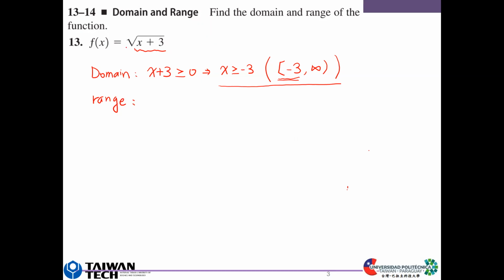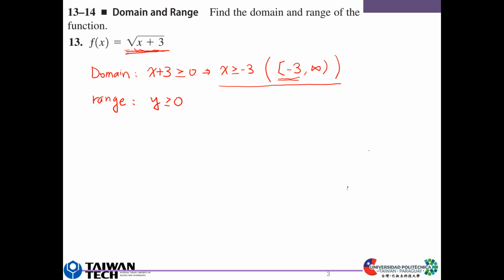Because this is a square root, and if x and y are both real numbers, that means f(x), or we can say y here, must be greater or equal to 0.